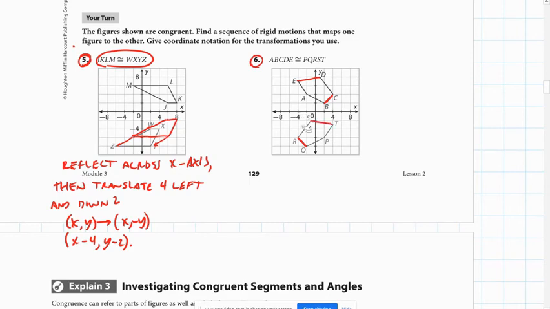And so in order to get these to match up, we need to first reflect across the y-axis.